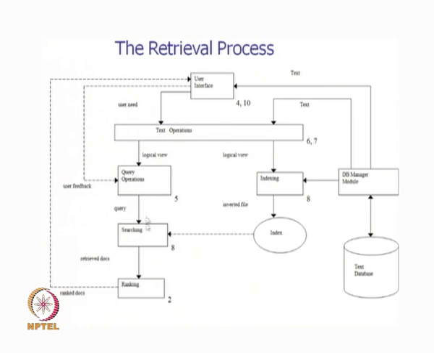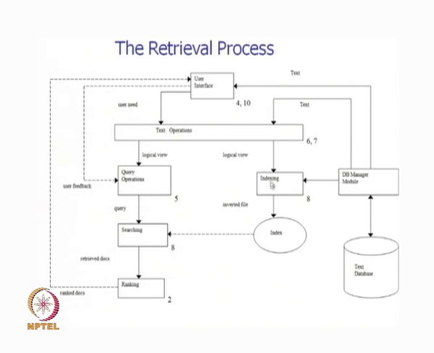The query is used for searching, the documents are ranked and shown back to the user. As a background offline processing, the text database is created and a database manager module produces the pages of the information, and these are the pages which are shown to the user.